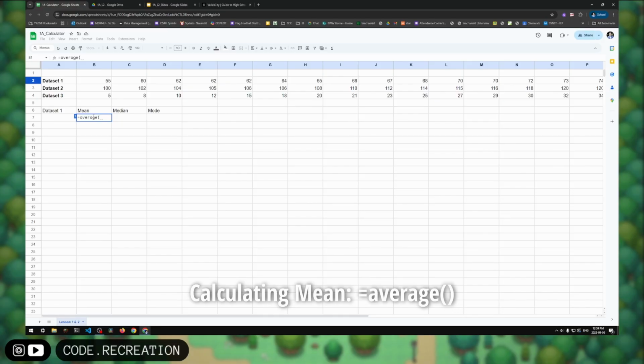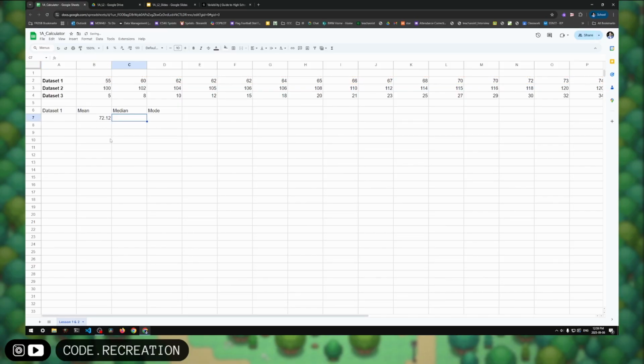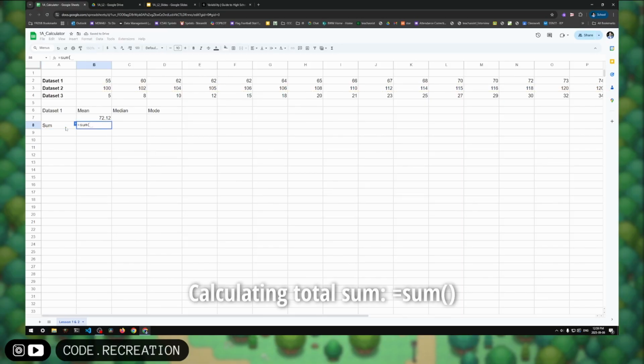So we calculate the average by writing the equal sign, the formula called average, and you start the bracket because it is a function. Our input for the function is going to start at B2 and analyze the entire second row, so you just make it end at 2. That's going to give us a value of 72.12. Now, for example, the total sum, we can do the sum function of B2 to 2, and that gives us 1803.